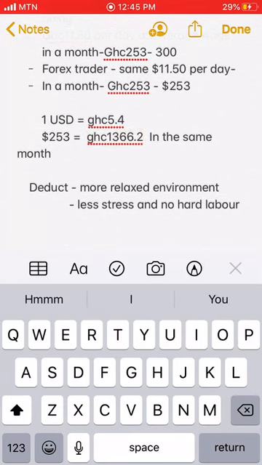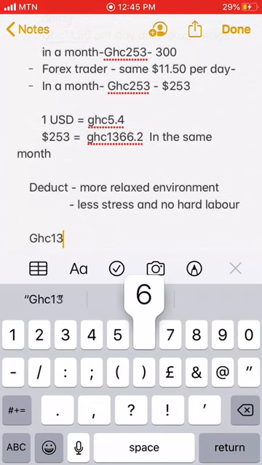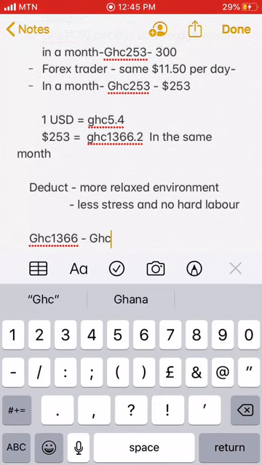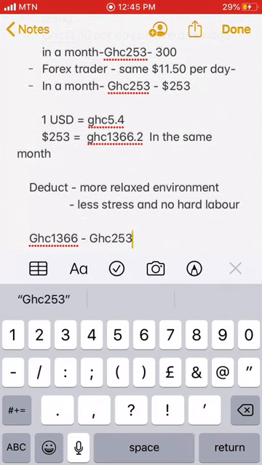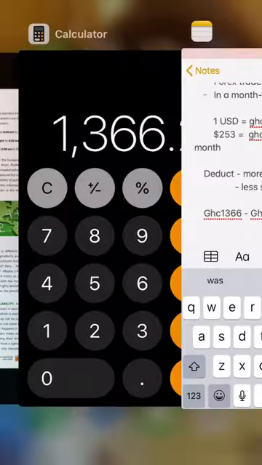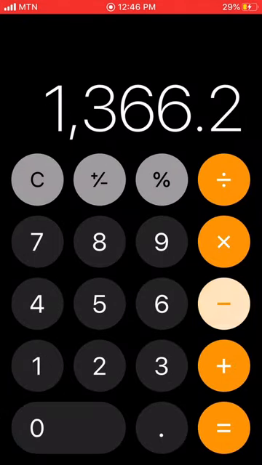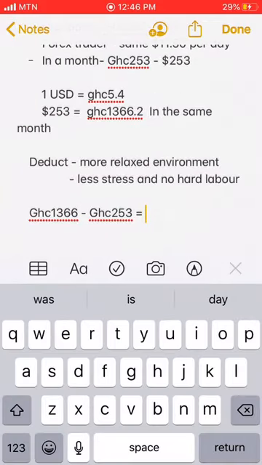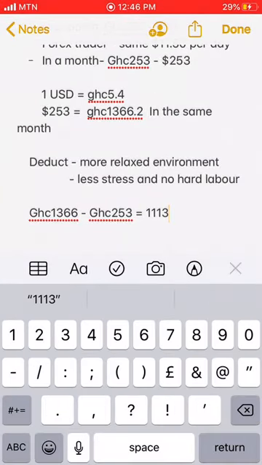You have 1366.2. Let me forget about the 0.2. Minus 253 Ghana cedis. So that means every month you will be exactly 1366 minus 253, that's 1113.